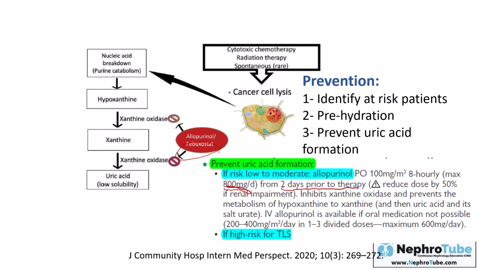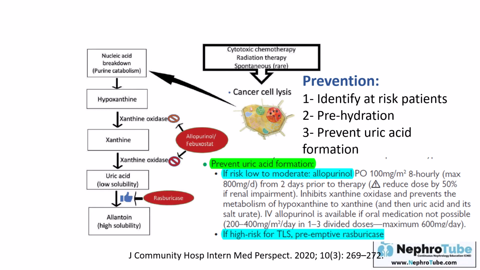There is intravenous allopurinol. If it is available in your hospital, you can use it. But if the patient has high risk for tumor lysis syndrome, it's better to use rasburicase. I will talk about rasburicase more, its mechanism of action, side effects and dose of administration, while I'm talking about treatment of tumor lysis syndrome.